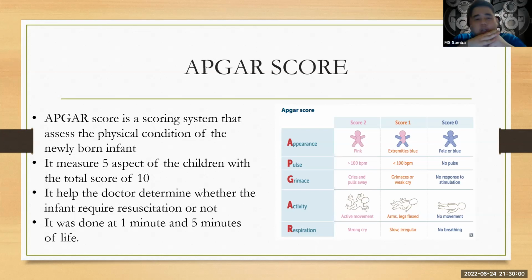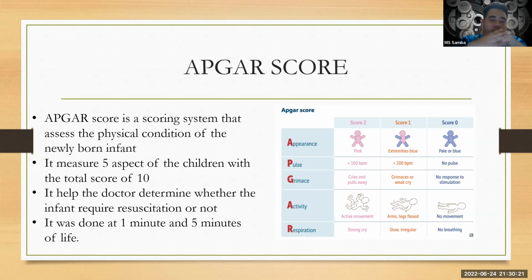Okay, so in every child that was born, we have a scoring system that is commonly used. We use the APGAR score, which is composed of 5 elements: appearance, pulse, grimace, activity, and respiration, where these 5 components will give the score of 10.